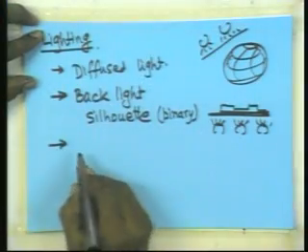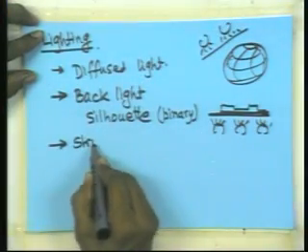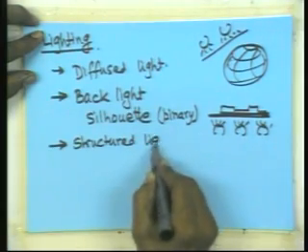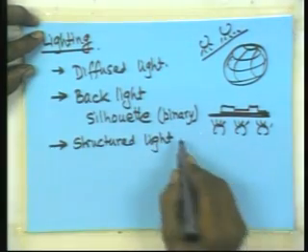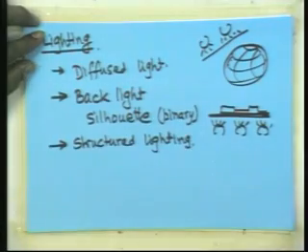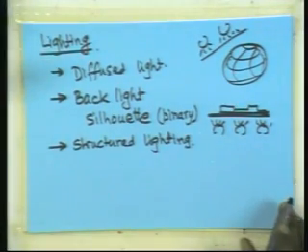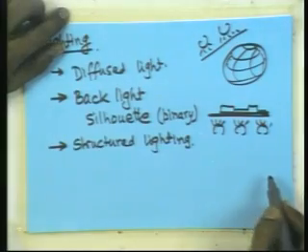Okay, there is one type of lighting called structured lighting. In this, instead of having a general diffuse light, you have patterns of light which are generated.